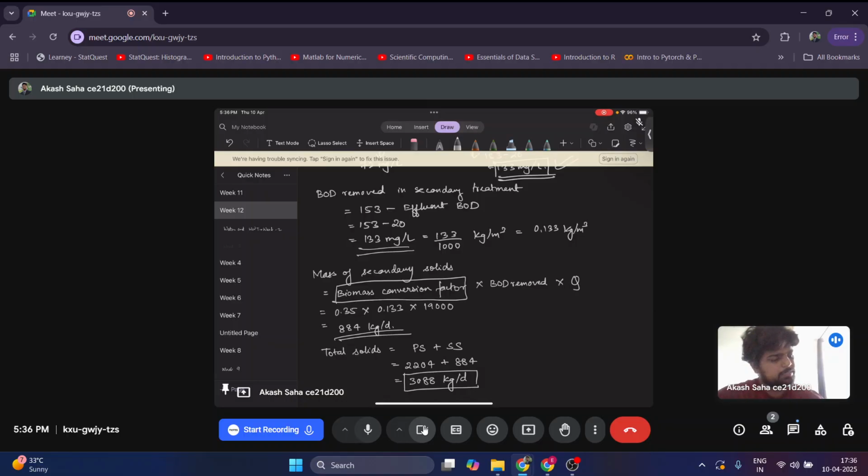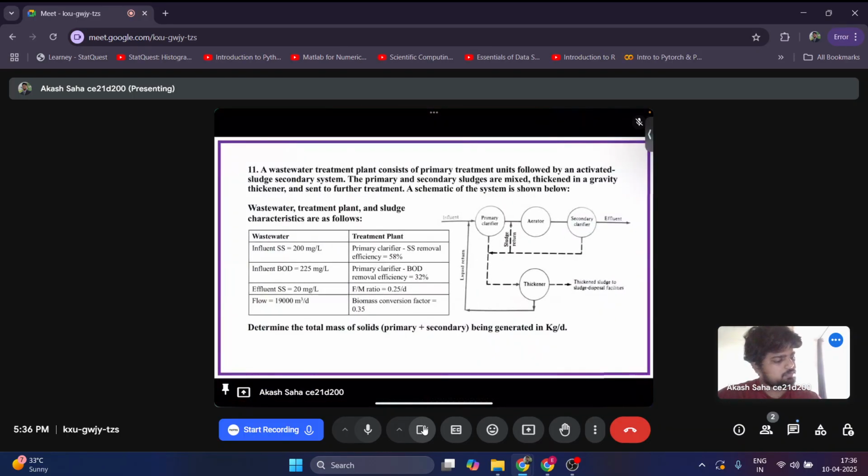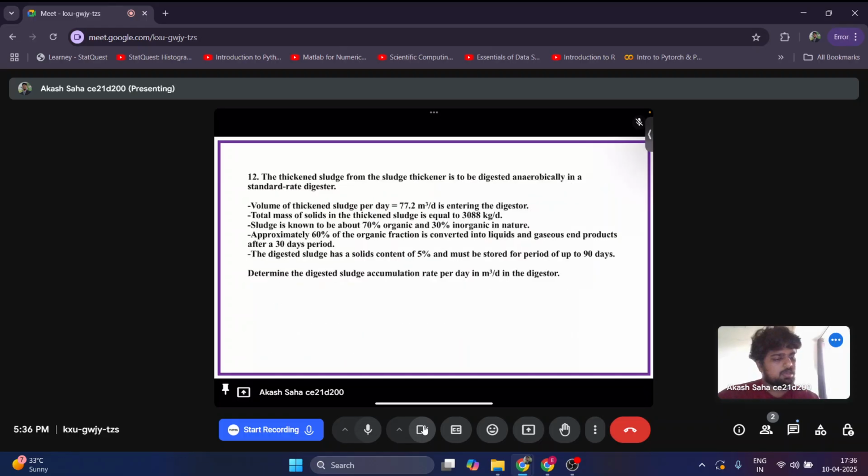Okay, we'll move to the next problem. So the answer is 3088 kg per day. The next problem: the thickened sludge from a sludge thickener is to be digested anaerobically in a standard rate digester. Volume of thickened sludge per day entering the digester is 77.2 meter cube per day. Total mass of solids in the thickened sludge is 3088 kg per day.